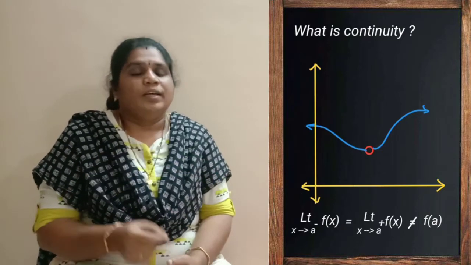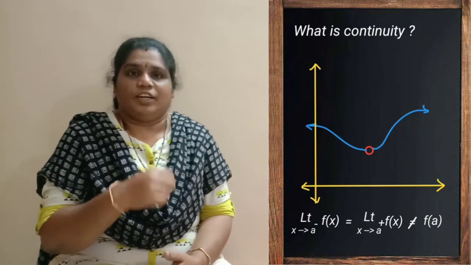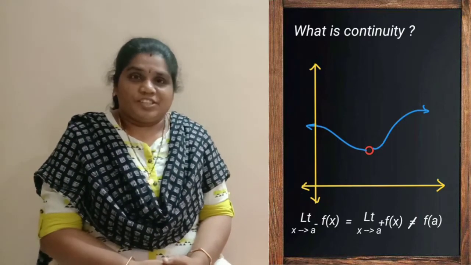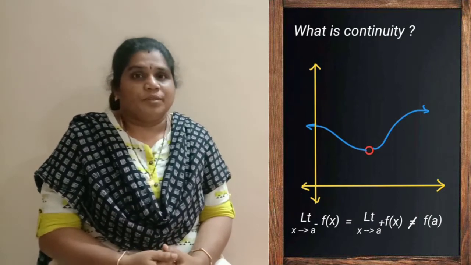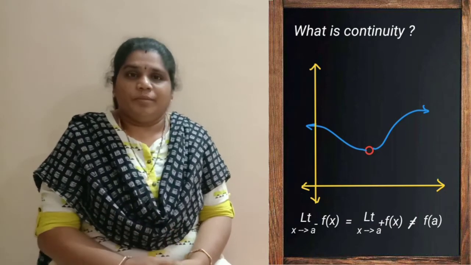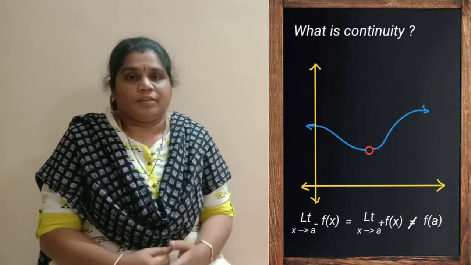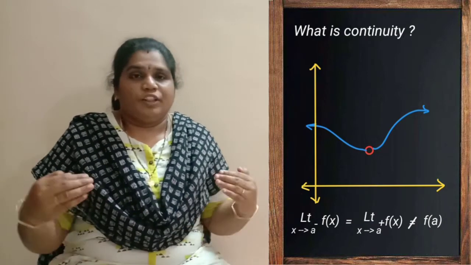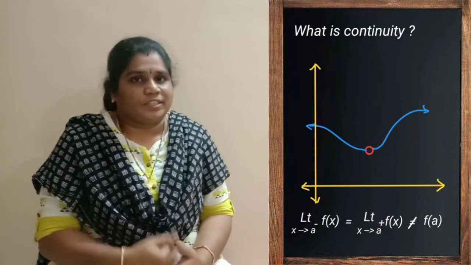That shows that if the ring is not there, then there won't be continuity. Limit x tends to a minus of f of x, the left hand limit, is not equal to limit x tends to a plus of f of x, the right hand limit. They are not equal. This is shown in the first graph.